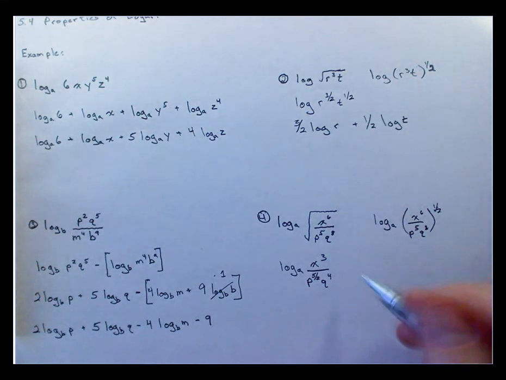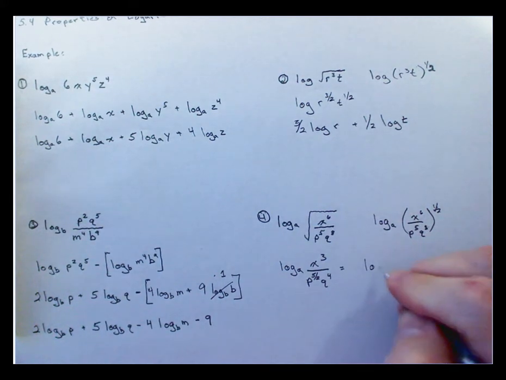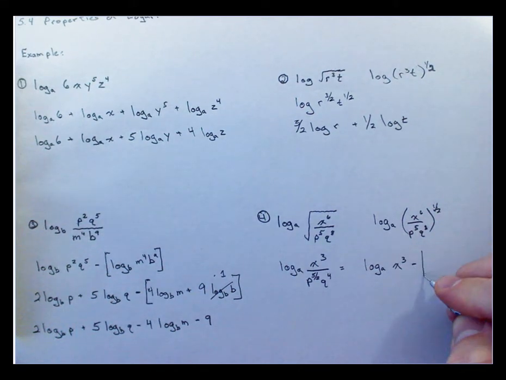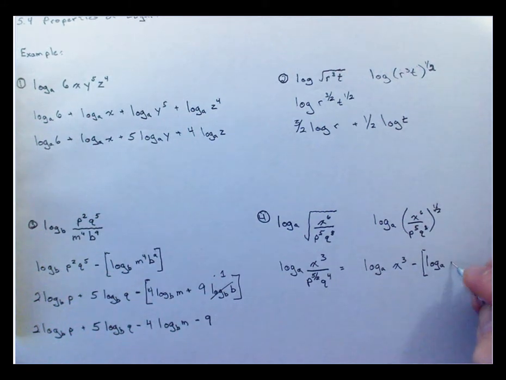I'll go ahead and do my quotient rule first. So this turns into log base a of x to the third minus log base a of p to the 5/2 q to the fourth.